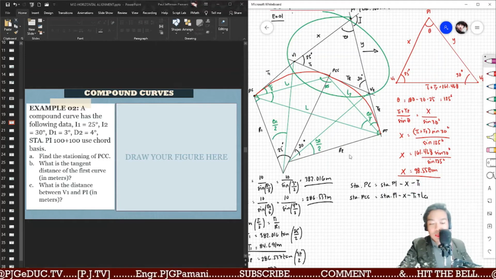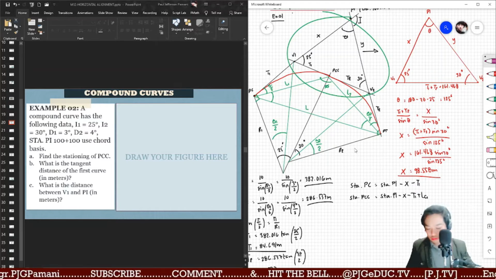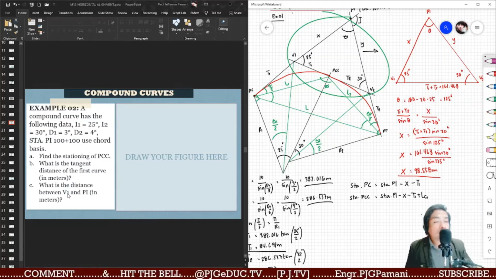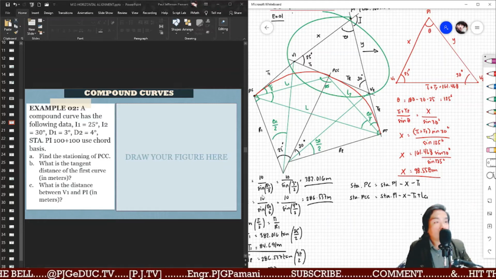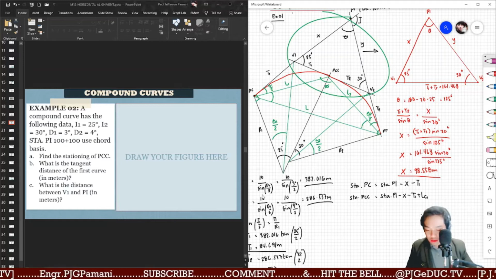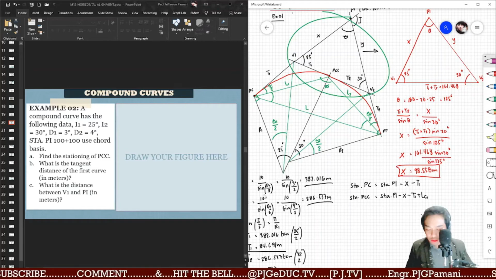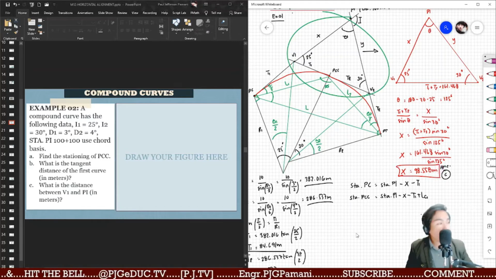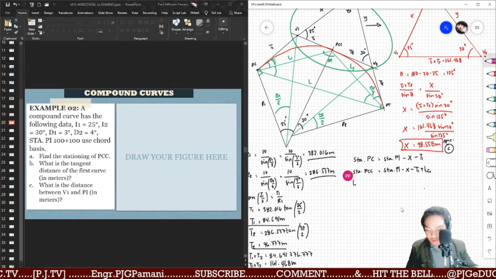So with that, solve na natin muna si LC1. Oo nga pala, sa unknown: what is the distance between V1 and PI, or the vertex 1 and the point of intersection? That is our answer for the X, which is 98.558. So yun ay answer natin sa letter C. Continue with the length of the arc for the first curve.